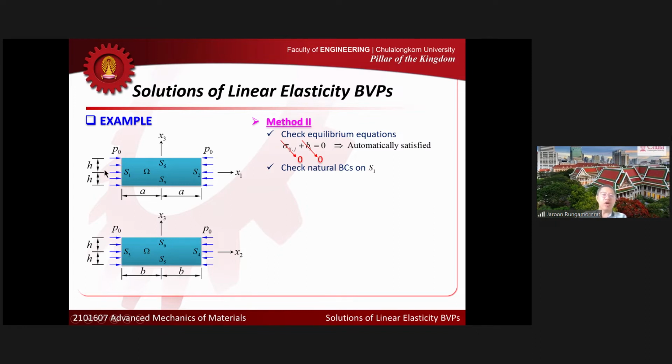On the surface S1, we know that the outward unit normal vector points in the opposite direction to the x1 axis. So n is simply -1, 0, 0, right? To get the traction due to the stress field that we got before, we take the stress from the previous step and multiply by the outward unit normal vector. For this particular case on the surface S1, it is simply -1, 0, and 0.